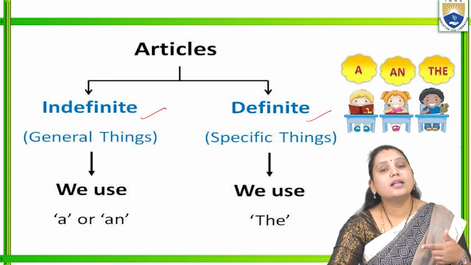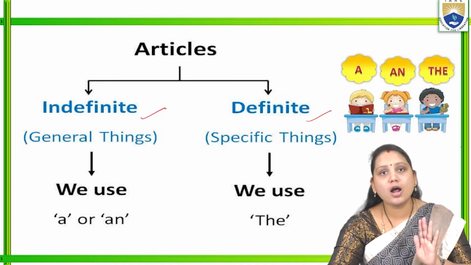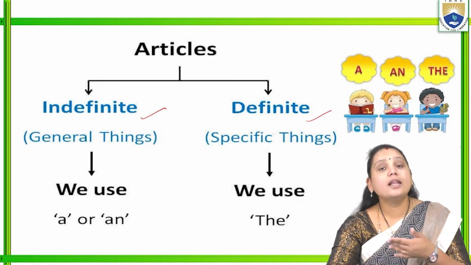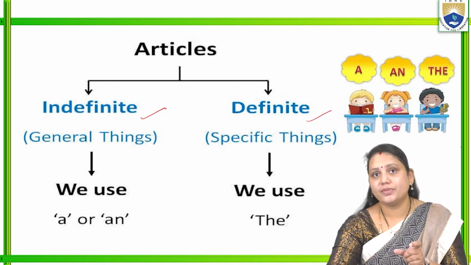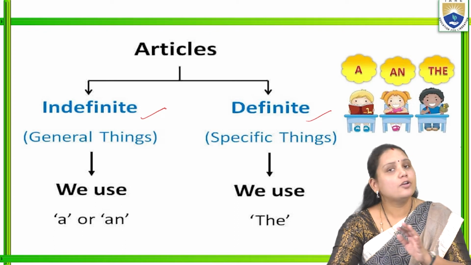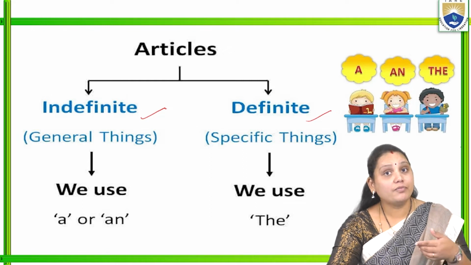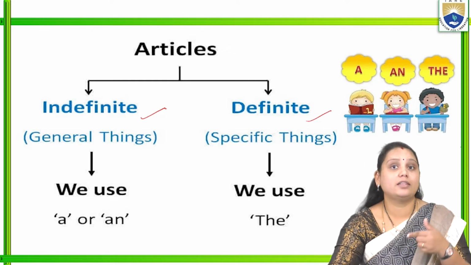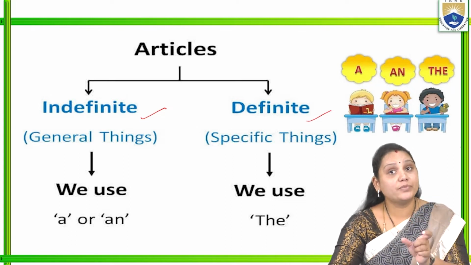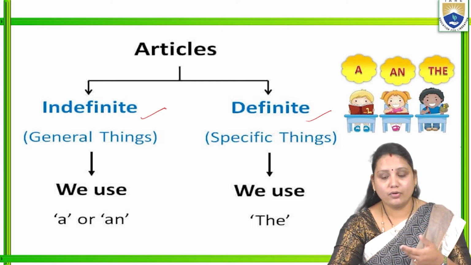Indefinite articles refer to general things, which are common, which are not specific. But on the other side, definite articles refer to specific things. Just remember, when you are referring to common things, not specific things, you can use a and an. But when you are referring to definite things, which are specific, which you want to tell about something very specific, you will be using the.